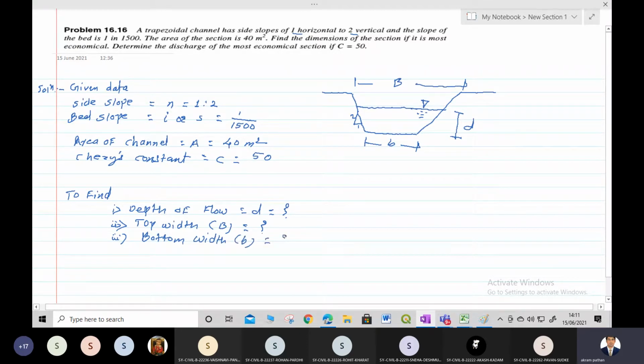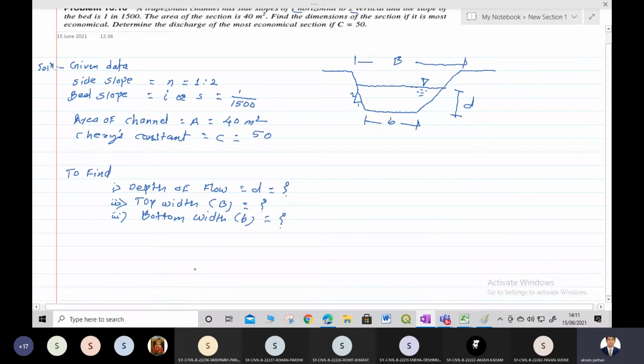Then also we have to find out the wetted perimeter of the channel, that is P. What should be the P?